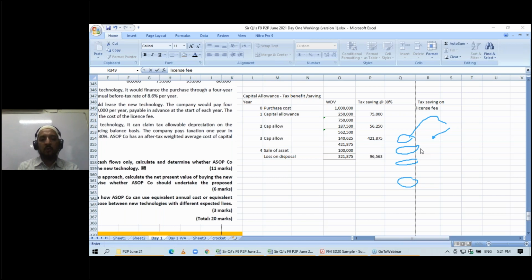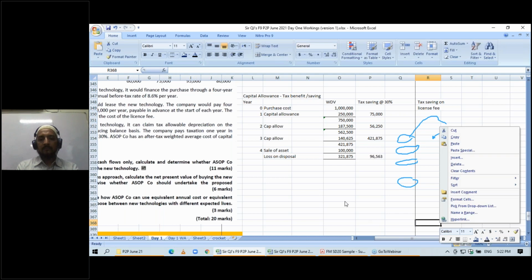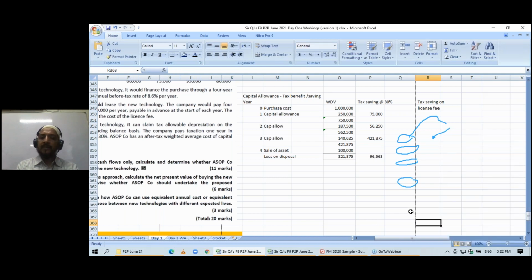In the first paragraph, they've told you that they will buy at 1 million and then they will sell it after 4 years at 100,000, right? 8.6 is the borrowing cost, the interest rate. 421,875 is the book value, Vivek, out of which if you deduct 100,000 resale value, you will arrive at a loss. Okay. It's 421,875. It's correctly done.